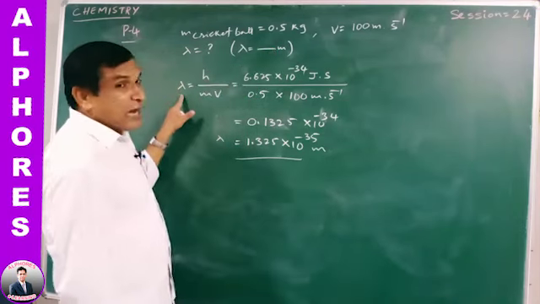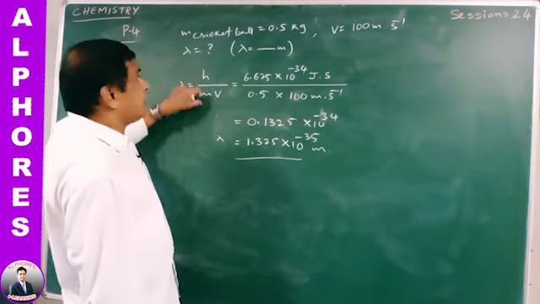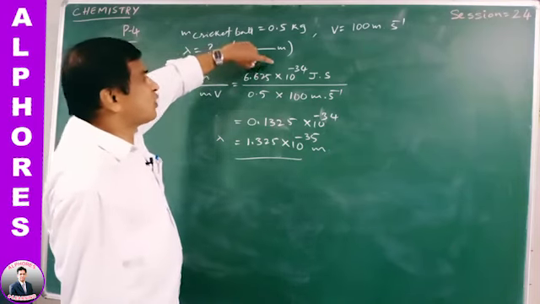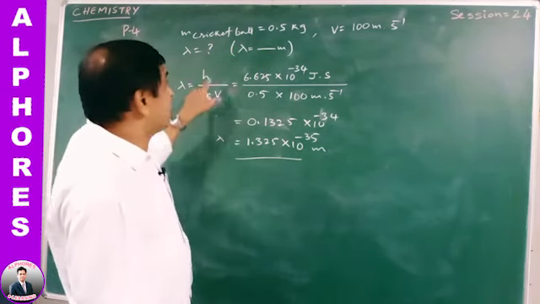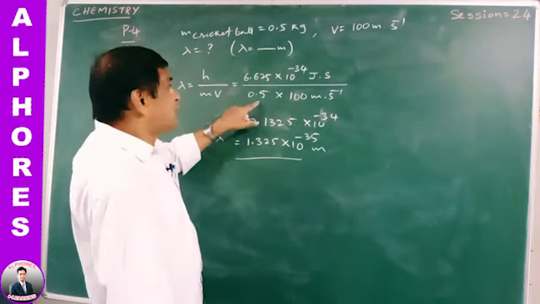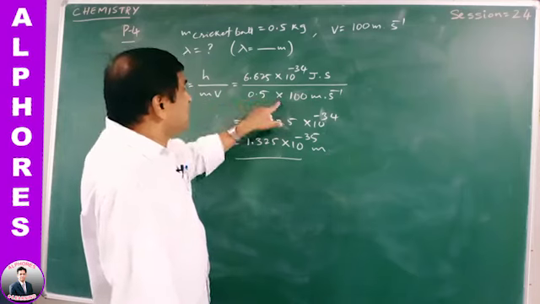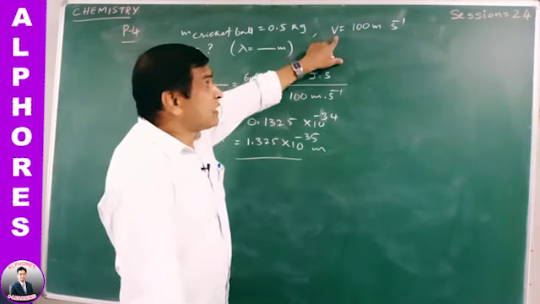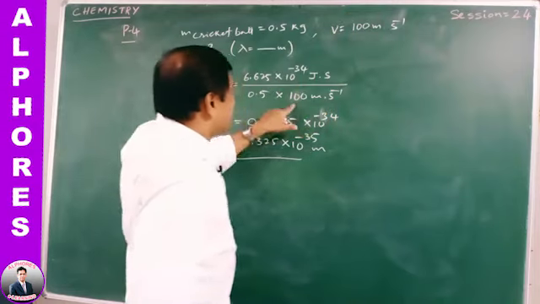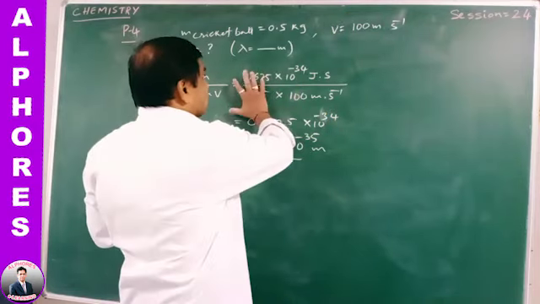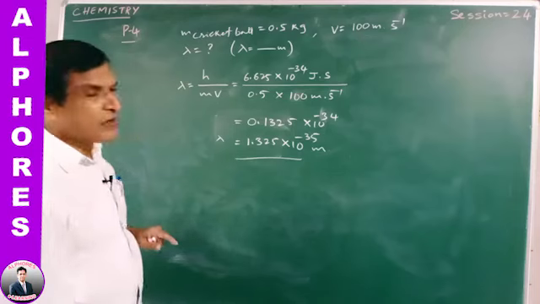Now, lambda is equal to h by mv. So h is Planck's constant in SI unit, joule seconds, and the mass of the cricket ball is given as 0.5 kg, into the velocity of the cricket ball, 100 meters per second, already in SI unit. So all the data is substituted in SI units.